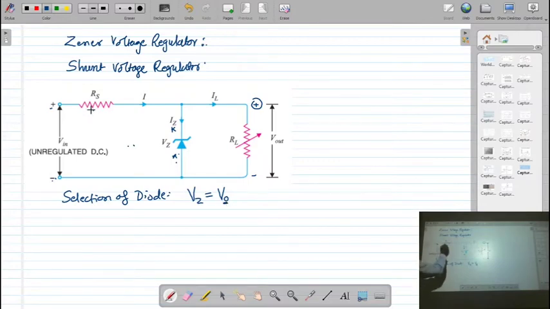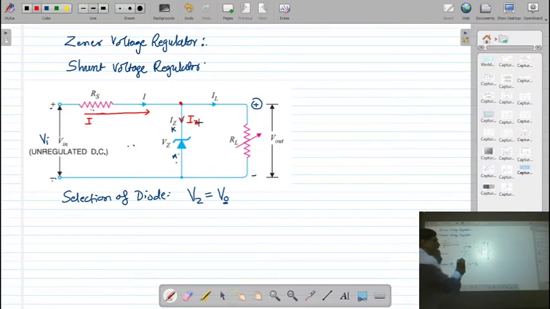Then how to calculate the value of Rs. Now in this case, when I am applying an input voltage Vi, there is a flow of current through this Rs. This current is, let us say, I. Now here we have a junction, so the current is going to be divided. Some of the current is passing through the Zener diode.